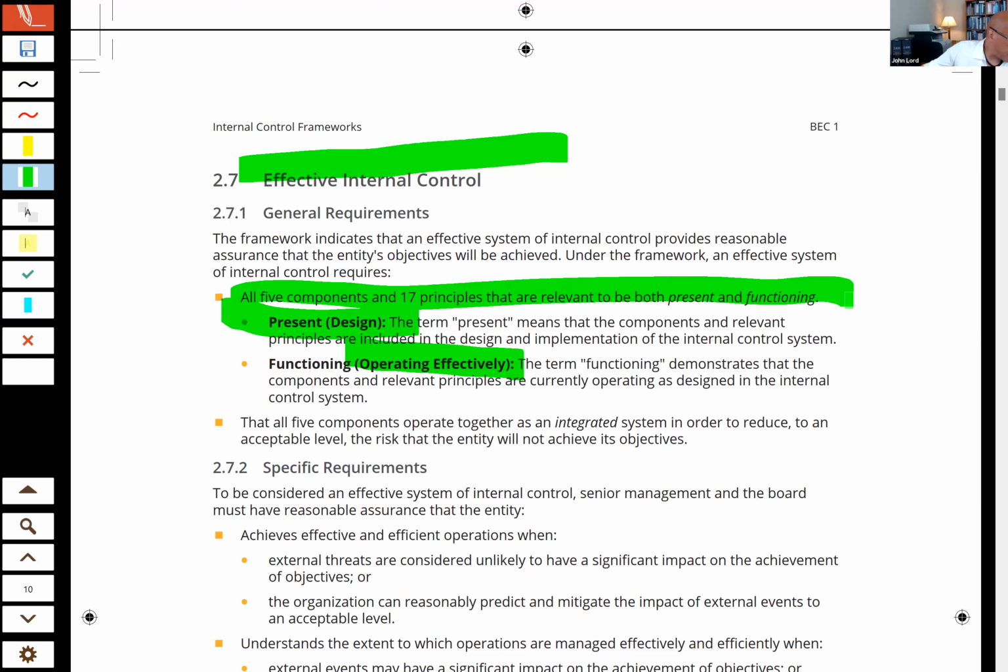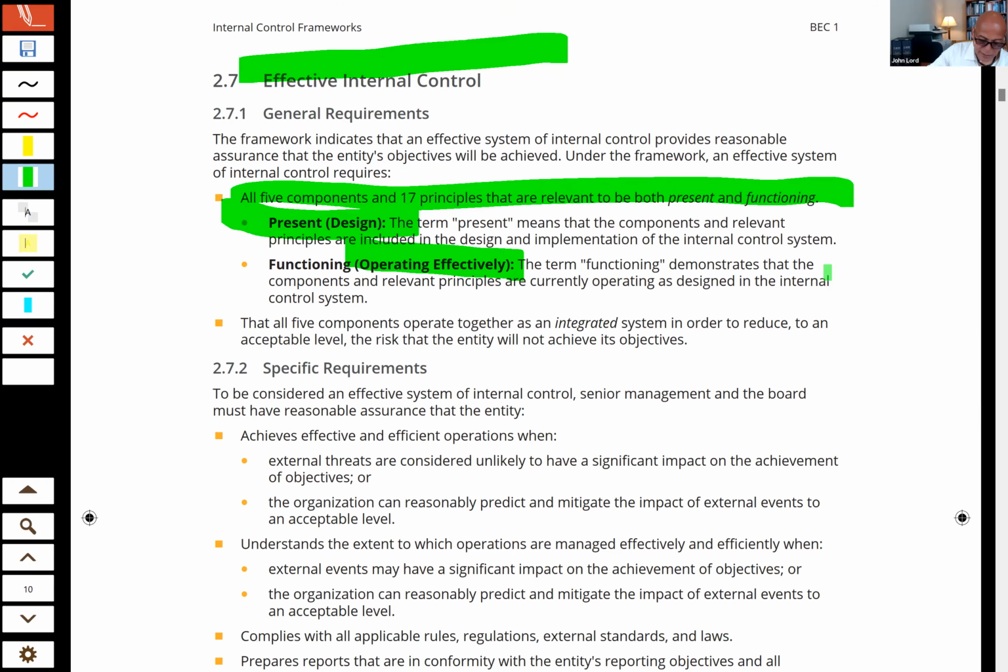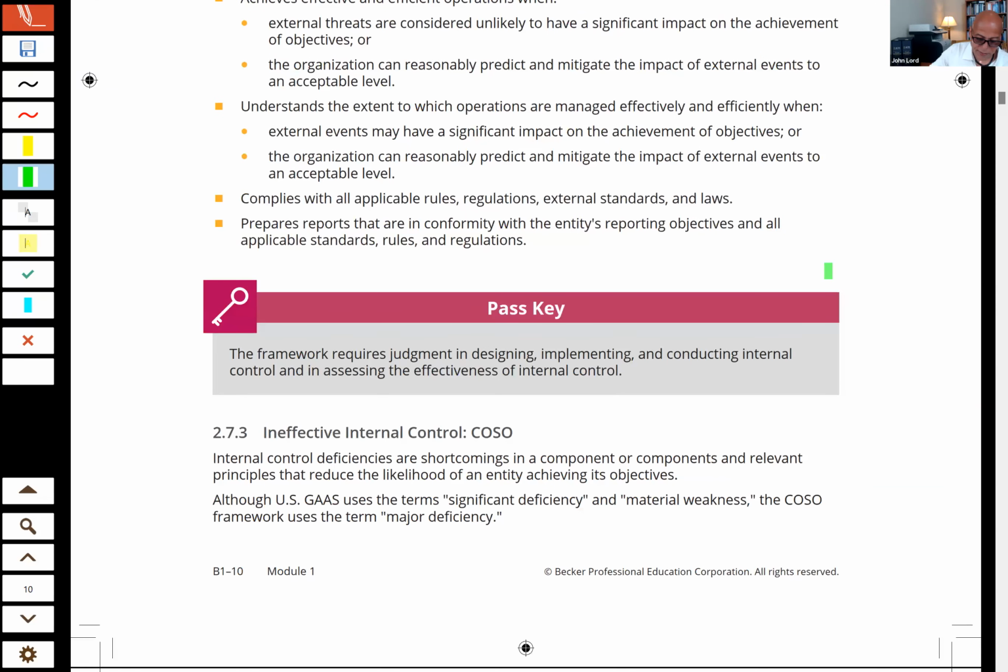Okay. Now you come down and let's take a look at ineffective controls and what COSO tells us about that, okay? Internal control deficiencies are shortcomings in the component or components and relevant principles that reduce the likelihood of an entity achieving an objective.